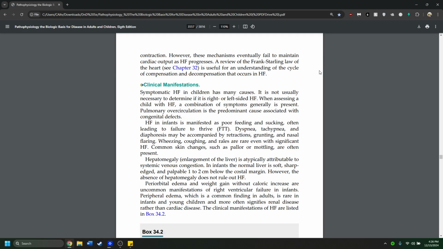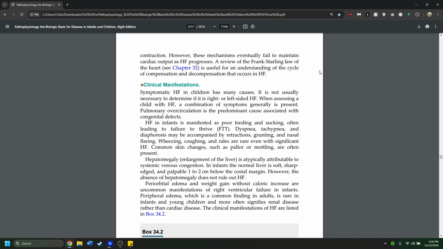However, these mechanisms eventually fail to maintain cardiac output as heart failure progresses. A review of the Frank-Starling law of the heart in Chapter 32 is useful for an understanding of the cycle of compensation and decompensation that occurs in heart failure.